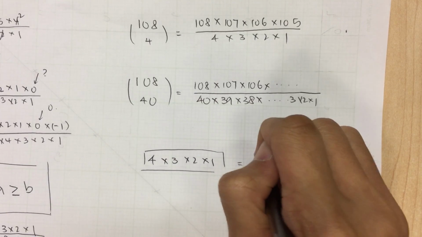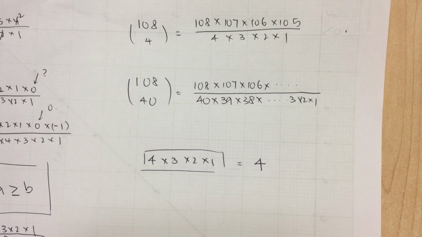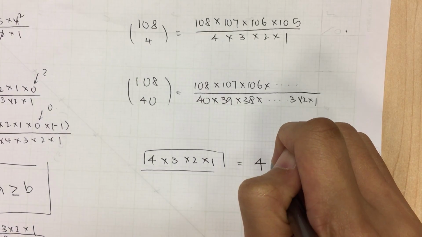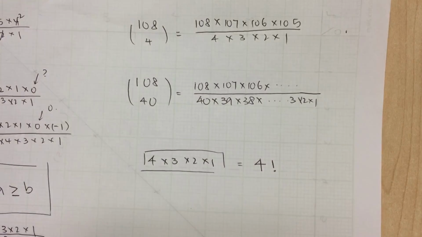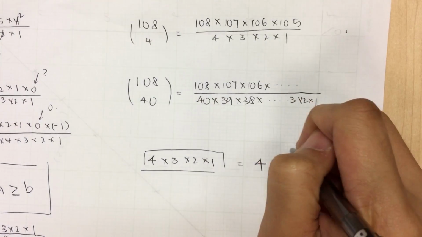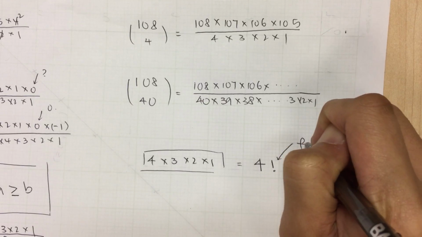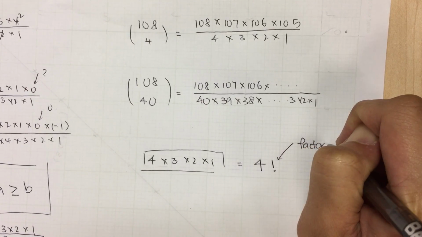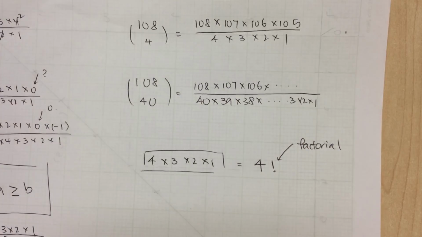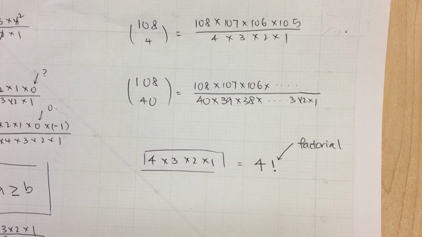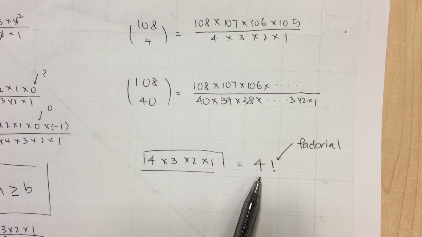I'm going to write down the 4, and then introduce this new notation, an exclamation mark. How do I pronounce this? This is pronounced as a factorial. 4 factorial. So when I write this down, I don't say 4.